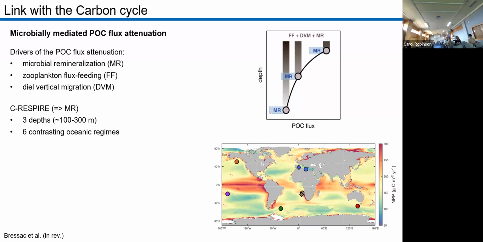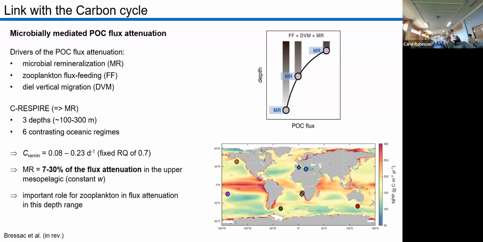With our in-situ incubator, we can measure one of these three processes, the microbial mineralization. We have done that in the upper mesopelagic between 100 and 300 meter depths, in quite contrasting oceanic regions: in the HNLC region, in an oligotrophic regime and a productive regime.